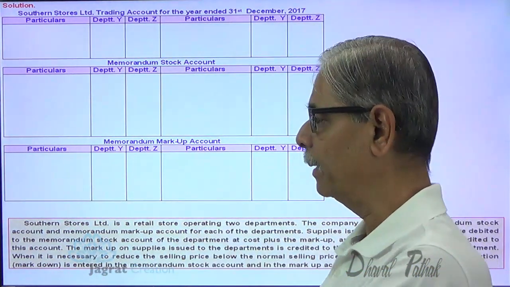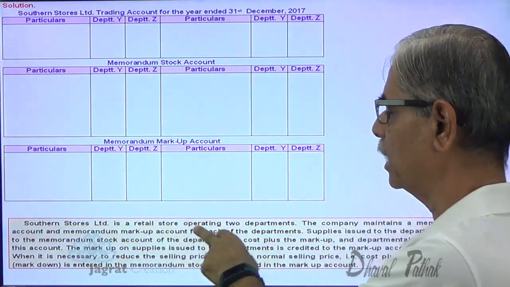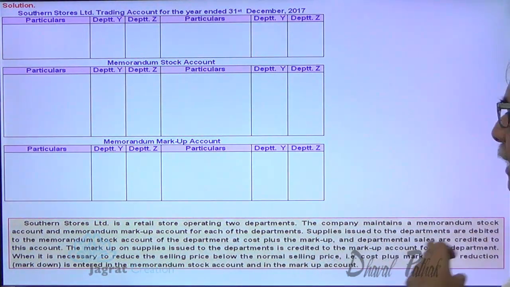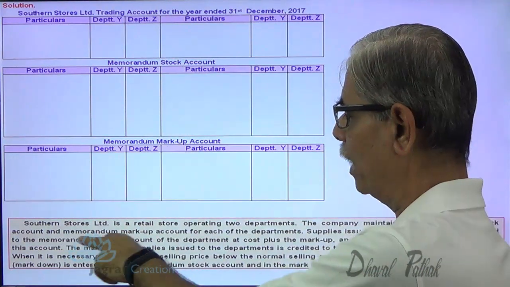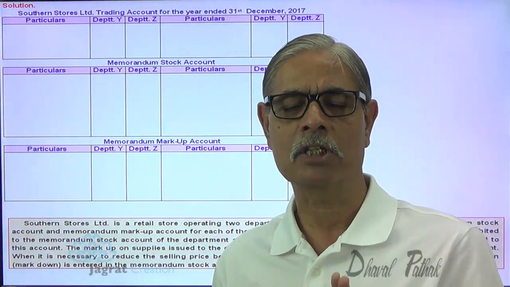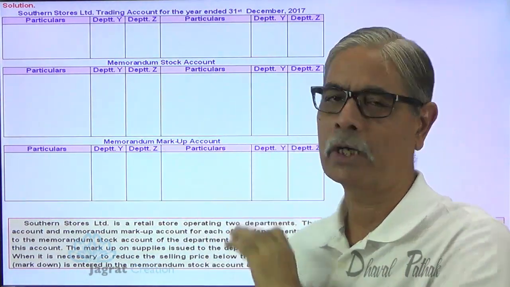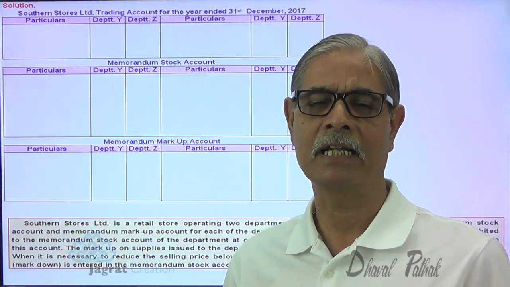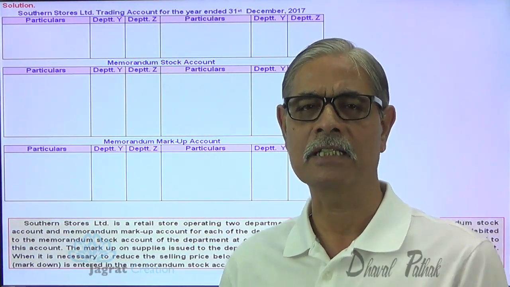Now I read this theory part. Southern Stores is a retail store operating two departments. The company maintains a Memorandum Stock Account and Memorandum Markup Account. Memorandum Markup Account is just like the adjustment account, and this Memorandum Stock Account is just like the branch stock account prepared at invoice price that you have studied in stock and debtor system in branch.